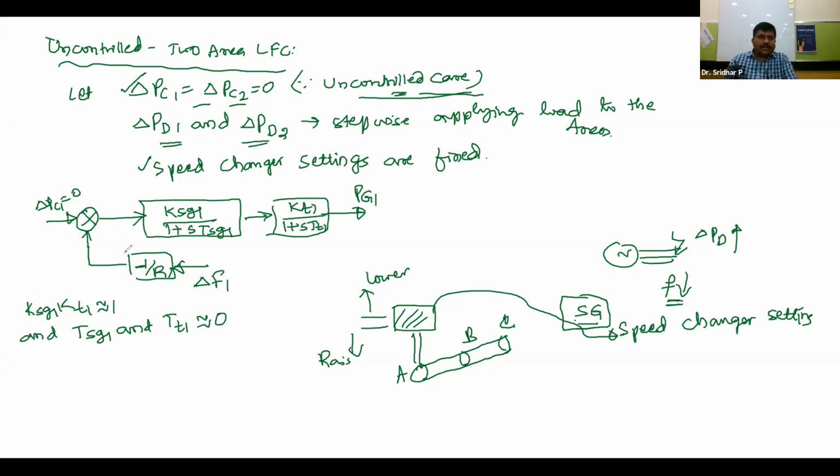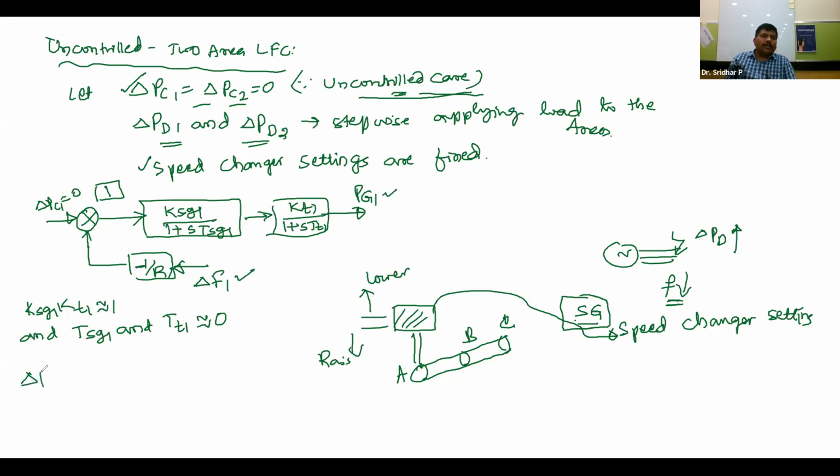So these two things are there. Keeping these two conditions in mind, the equivalent will be 1, and minus 1 by R1 is there. The input is delta F1 and the output is delta PG1.